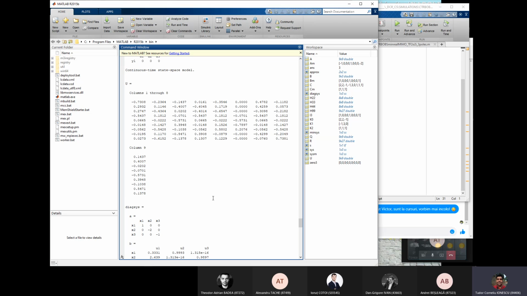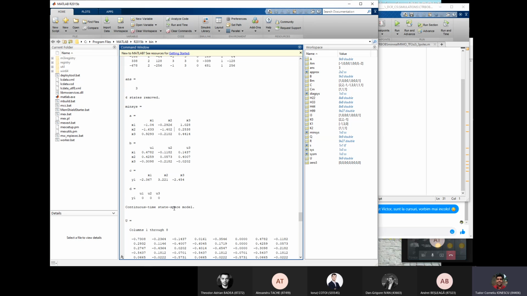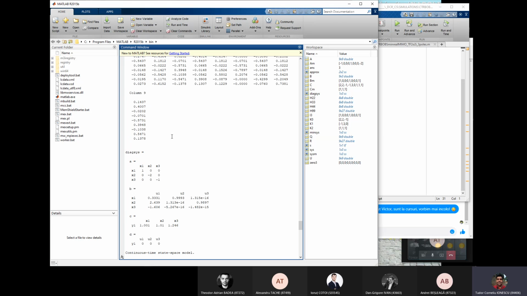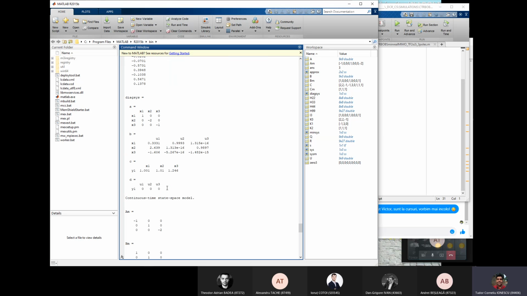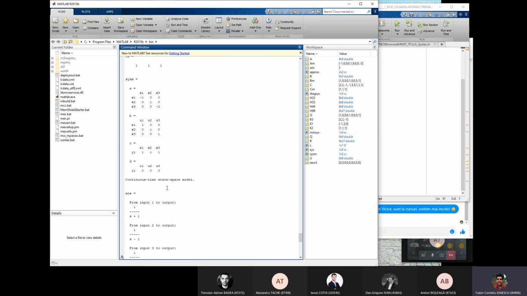This is the classic minimal realization, built merely by applying the algorithm we discussed. But I can write a simple equivalent minimal realization with a diagonal form, which is very useful and very simple to use.